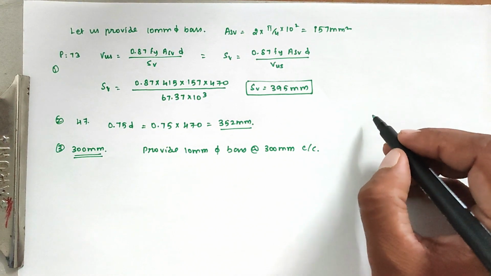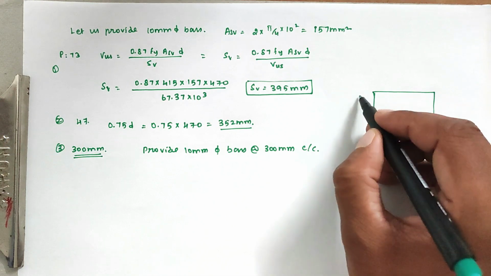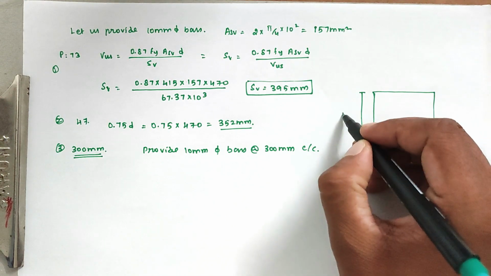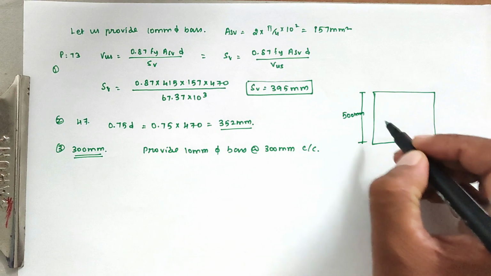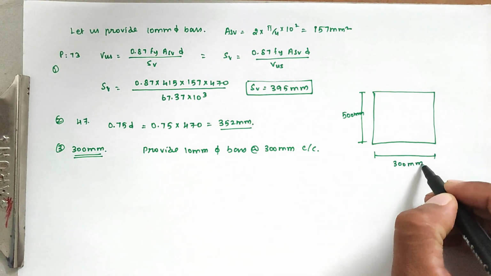Okay, so now we can see the cross section. So the total depth is 500 mm, and with this 300 mm, these are all given values.